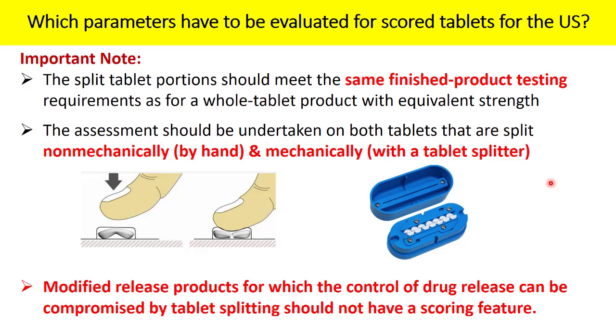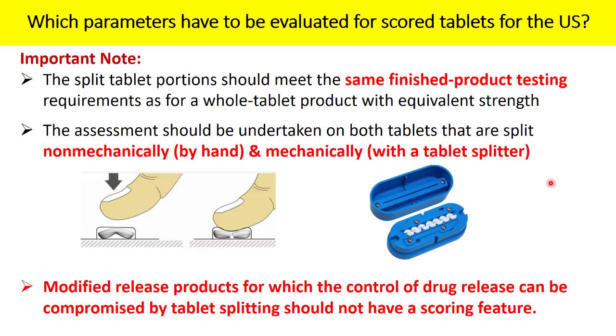It will have little impact on an immediate release dosage form, but it can have a significant impact on the dissolution release of a modified release dosage form. For that reason, if the splitting of a tablet compromises the rate of release for a modified release product, then why should the manufacturer have a scoring feature on the tablet?